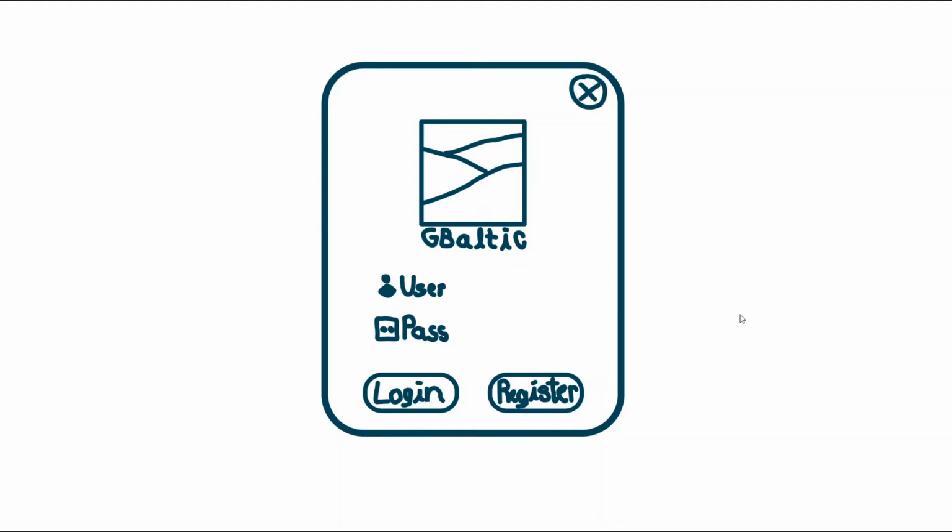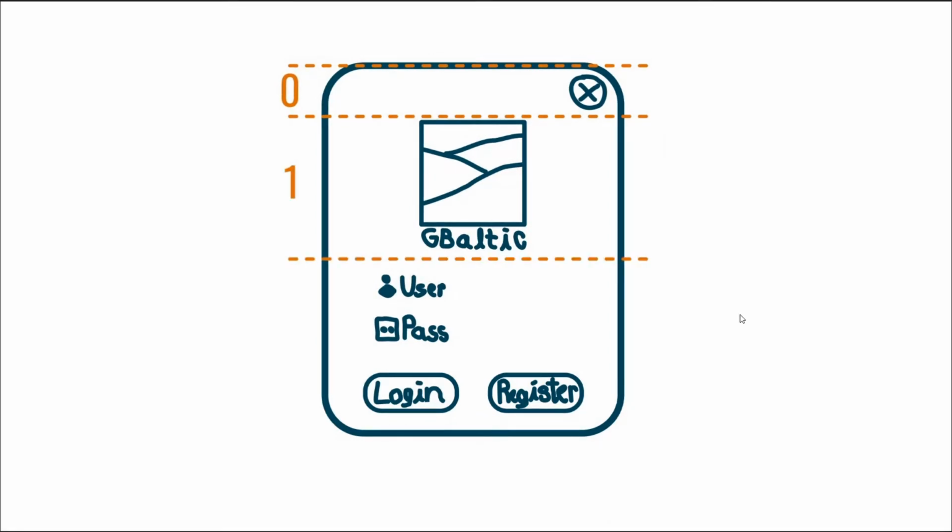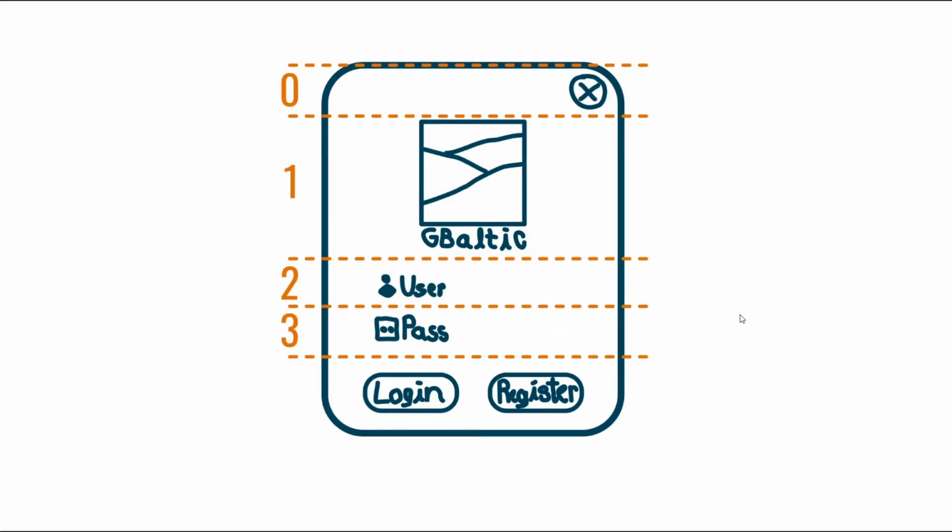Well, let's think about this grid and illustrate what I'm saying. Let's start with the rows. We will need one row for the closing button, the next one for the logo and the name of our app, the next one for the user field, the next one for the password field, and the next one for the two buttons at the bottom of our window.